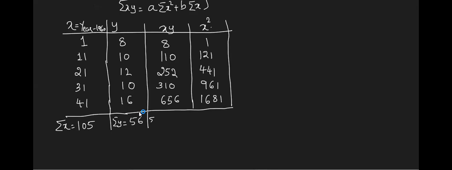Summation xy is 1336. Summation x square is 3205. Keep the habit of writing the values here only. If you write it over there, it will be a little difficult. So maintain some symmetry. Below the table only write those values.